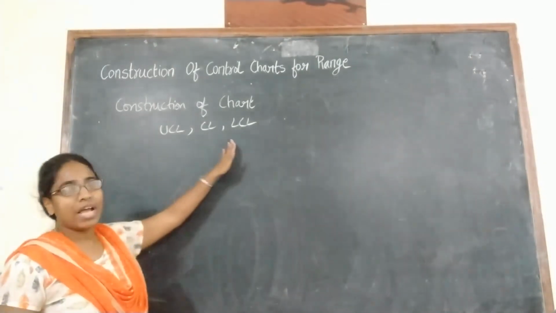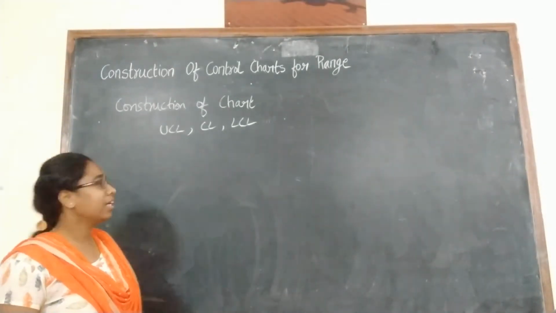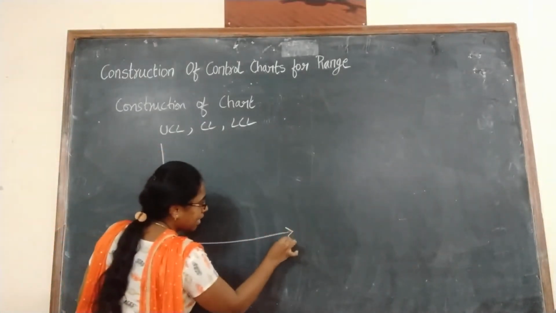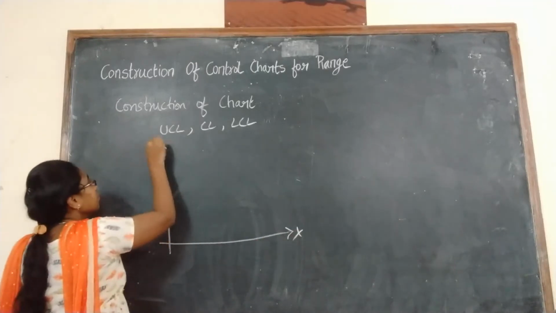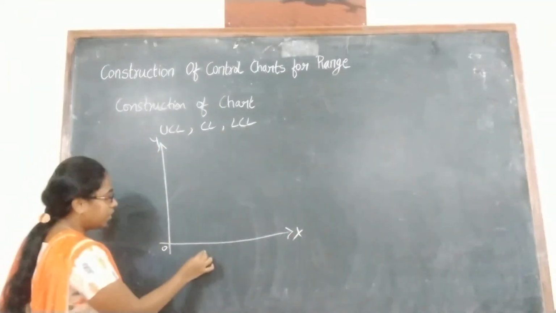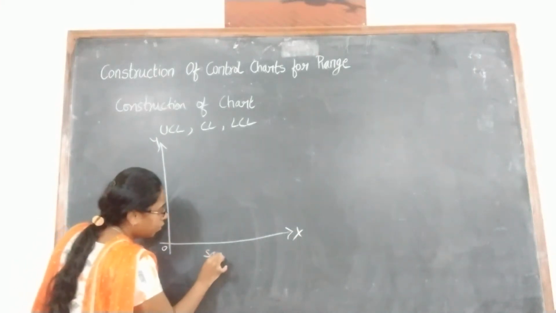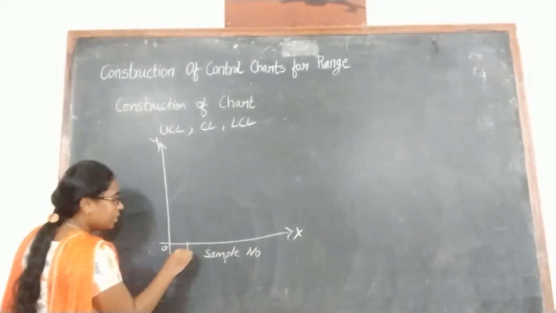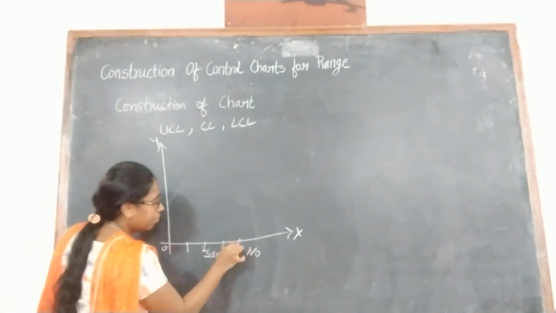Now all these values we need to plot on a graph. How will you draw the graph? You will have two axes, x-axis and y-axis. On the xy plane you plot these values. First, on the x-axis you write the sample number. However many samples you have, you write that many numbers.